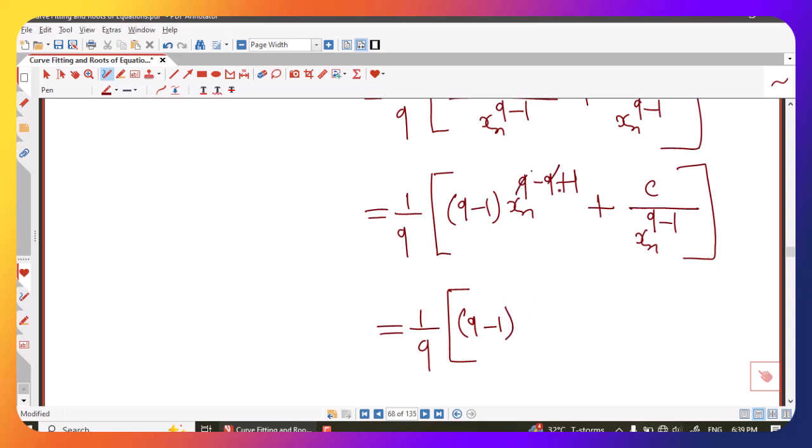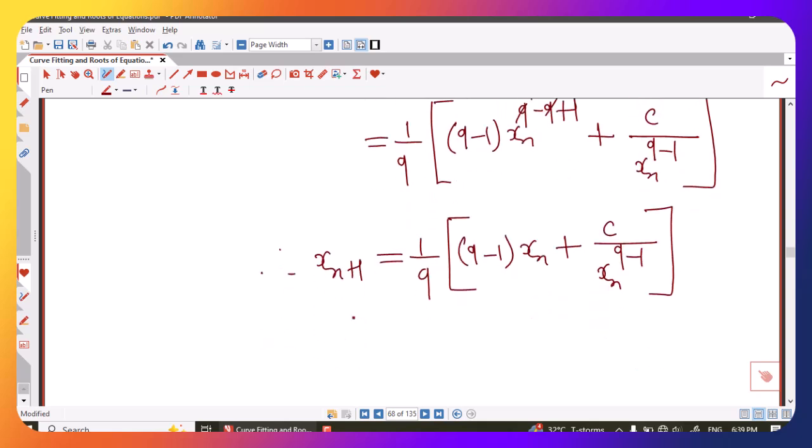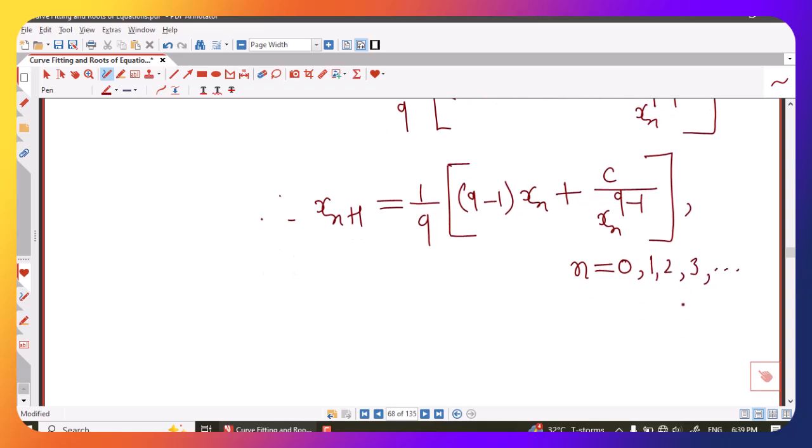Here q will get cancelled and we have xn plus c divided by xn to the power q minus 1. So this is our Newton-Raphson iterative formula for finding the qth root of a positive real number c. So that is the answer to the first part.